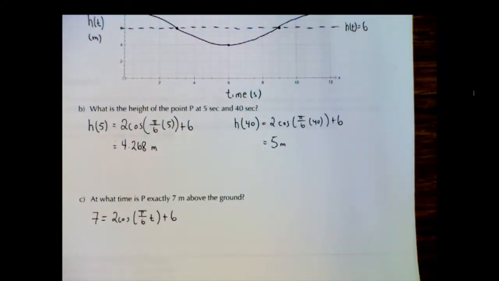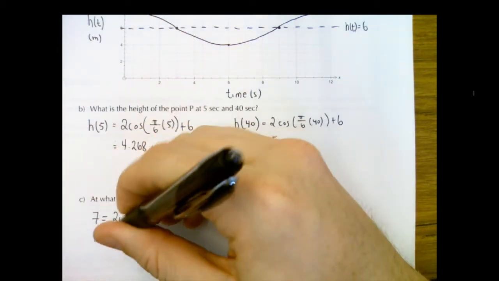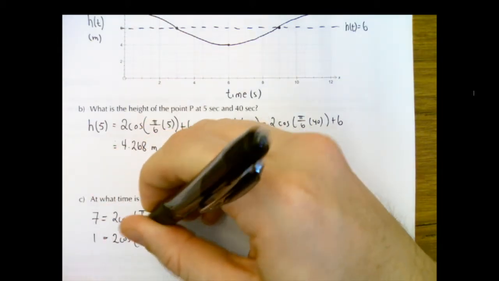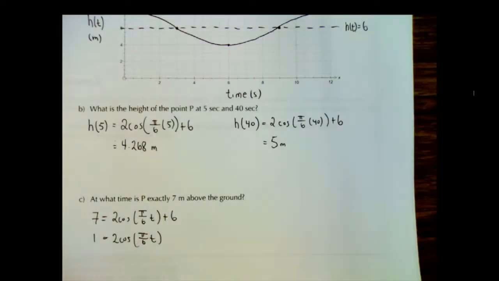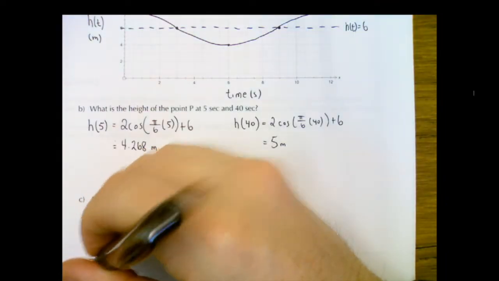Now we just have to do a little bit of rearranging. Subtract 6 from both sides. We end up with 1. Divide both sides by 2. We end up with a half.